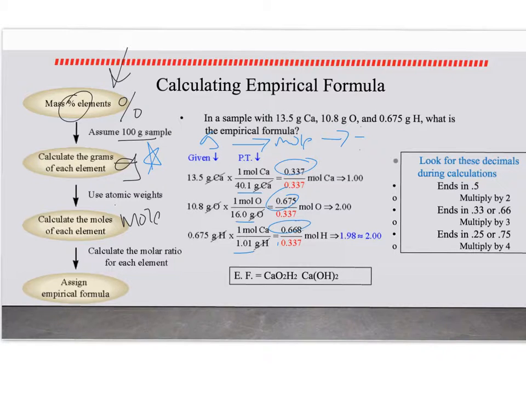So 0.337 divided by itself, we get a 1 ratio. 0.675 divided by 0.337, we get roughly a 2 mole ratio. And then the 0.668 divided by 0.337, we get roughly 1.98, which we can then round to 2.